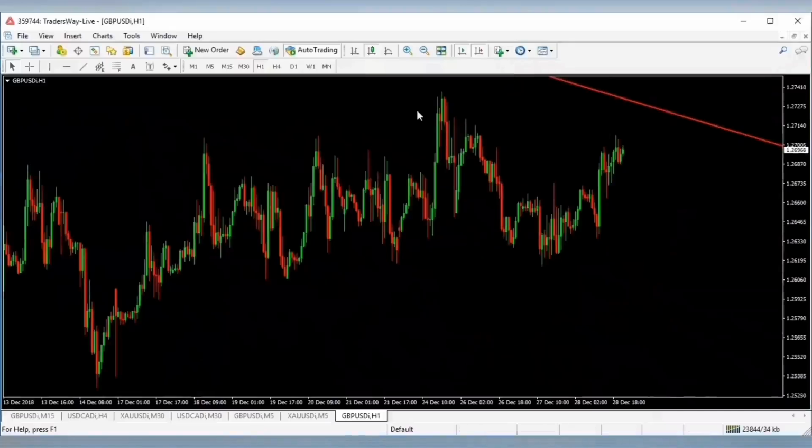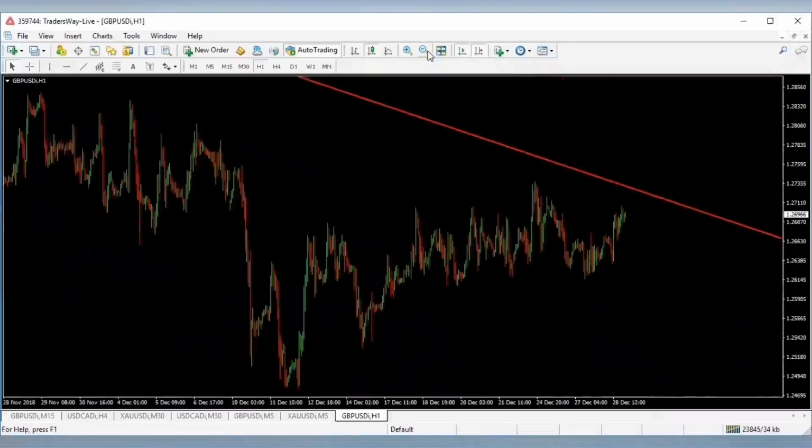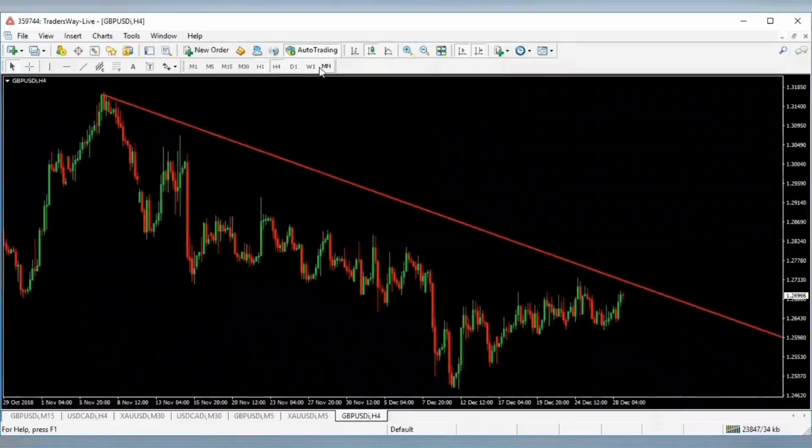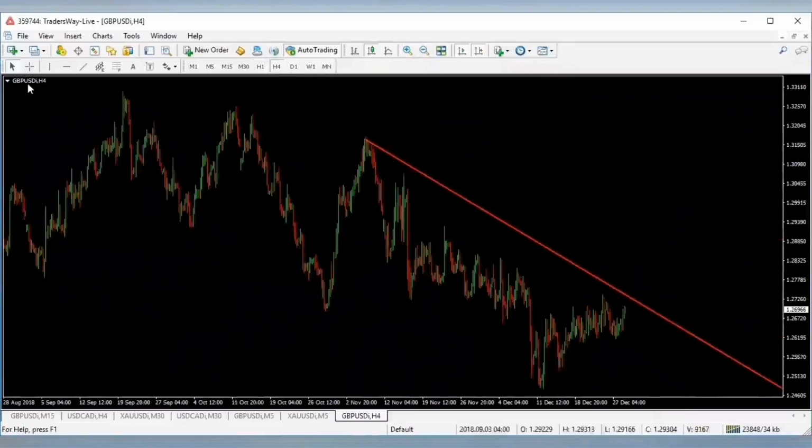Here on the H1 time frame, we could see what is happening. Price did not fully reach that resistance yet, but it will. On the H4 time frame, I can also place another trend line right underneath to create a channel.